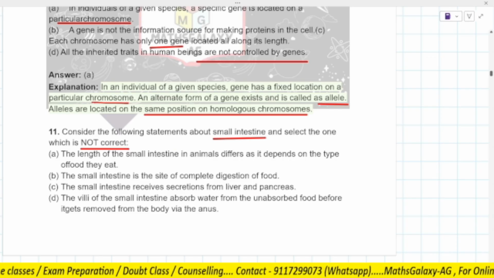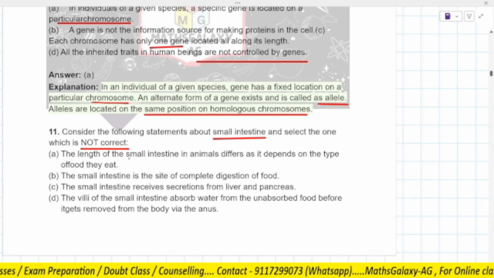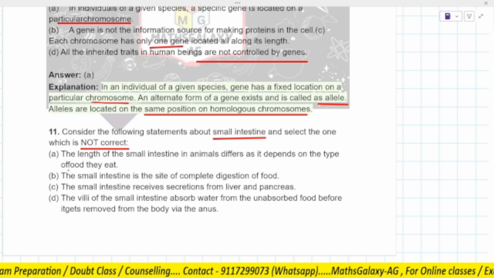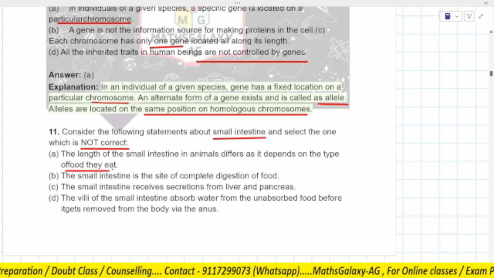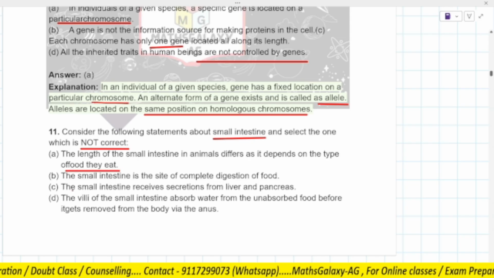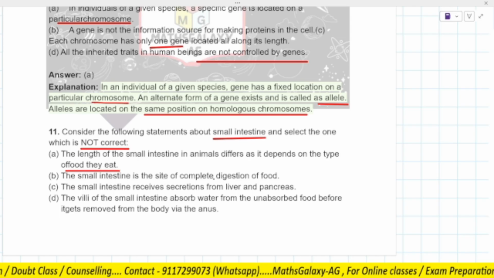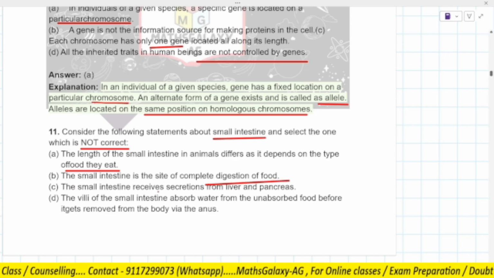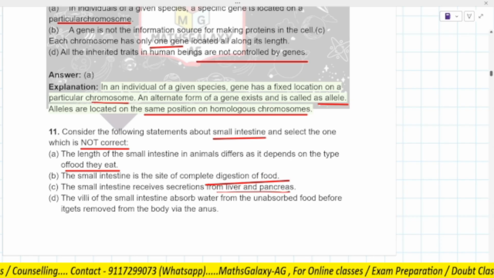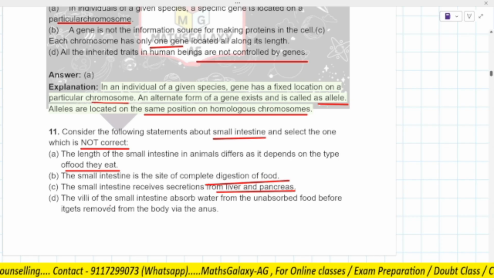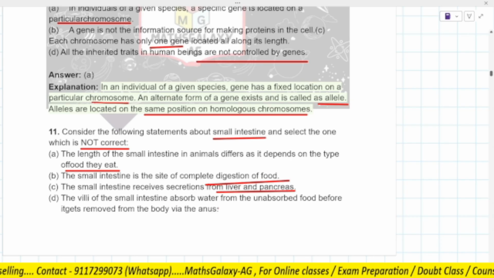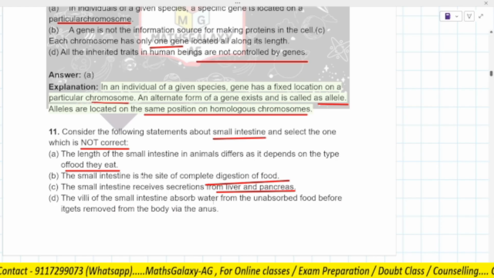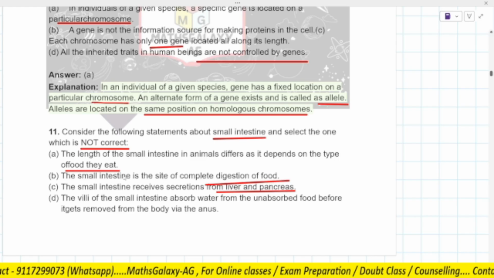Consider the following statements about small intestine and select the one which is not correct. Okay, you have to select the wrong one. The length of the small intestine in animals differs as it depends on the type of food they eat. The small intestine is the site of complete digestion of food. The small intestine receives secretions from liver and pancreas. The villi of the small intestine absorb water from the unabsorbed food before it gets removed from the body through the anus.